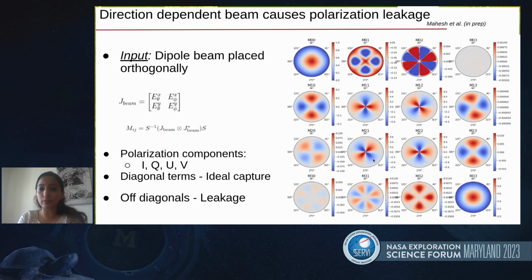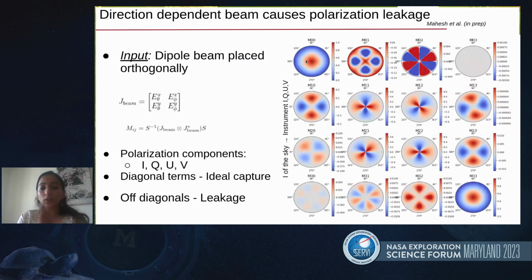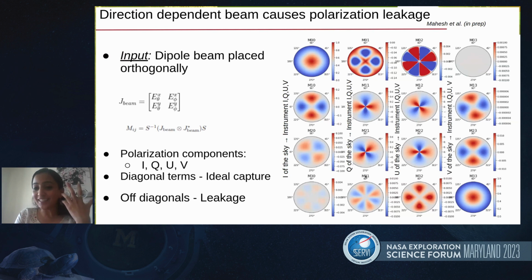These are Mueller matrices plots to quantify how much polarization leakage we can expect. The first column actually refers to how much Stokes I of the sky goes into the instrument Stokes I, Q, U, V. The second one is how much the Stokes Q of the sky goes into instruments I, Q, U, V, similarly U and V. So in an ideal case, all we want is only the diagonal terms.